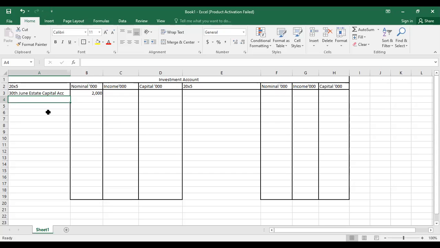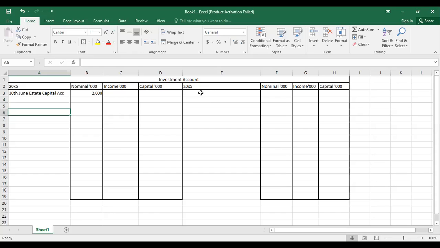So that is the figure that will be credited in the investment account on the capital column, because this is capital. We say that anything that was paid before the death of the testator is capitalized, right? So we are going to have that figure here.